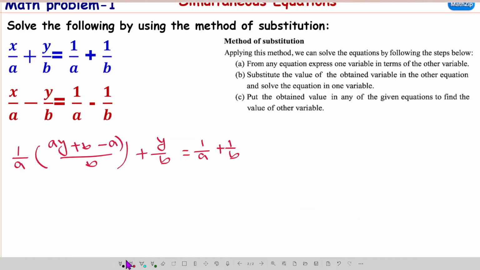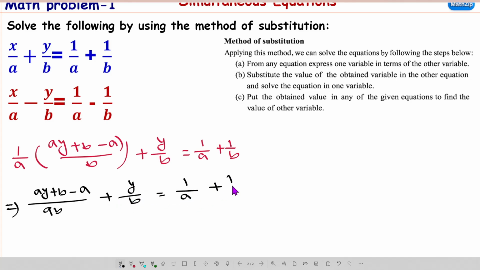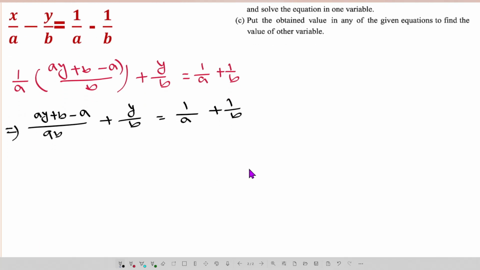So now we try to solve this step by step. First, a times b is ab, and here is ay plus b minus a, plus y by b equals 1 by a plus 1 by b. Okay, now we can take the LCM. Here ab and b, the LCM will be ab.